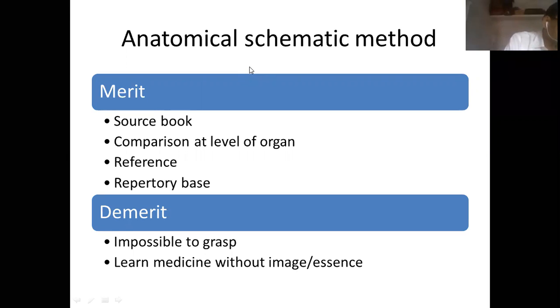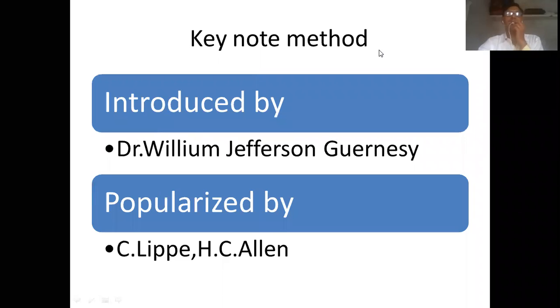The second method which we are going to study, the keynote method, exists because of this important disadvantage of the previous method.